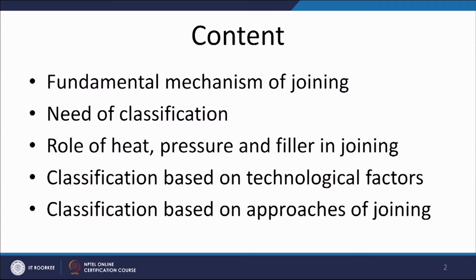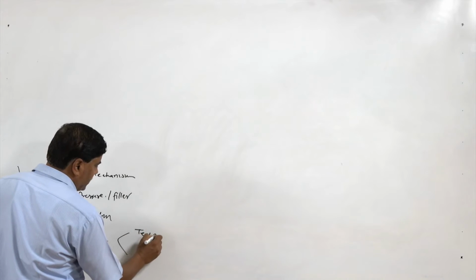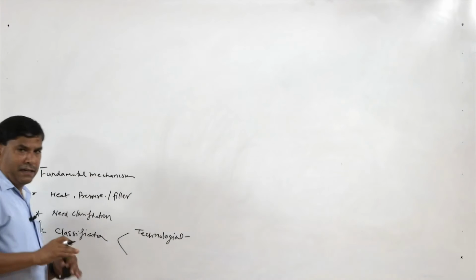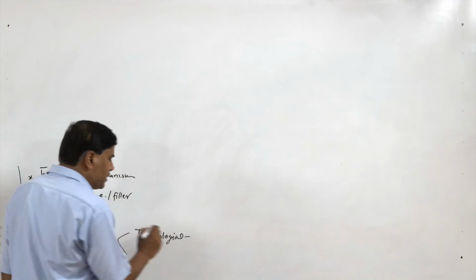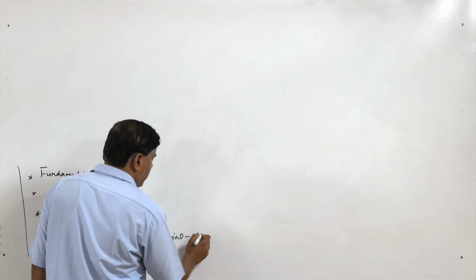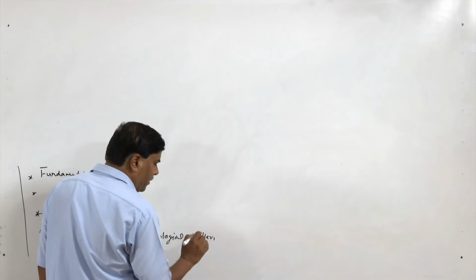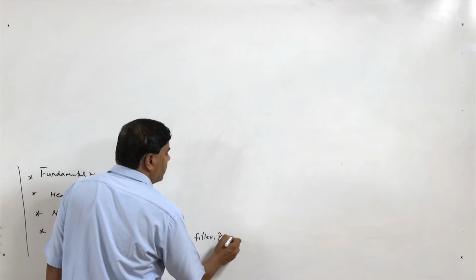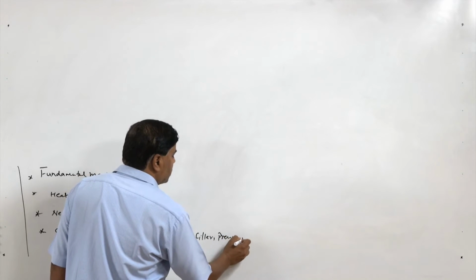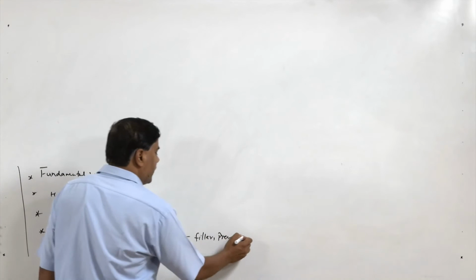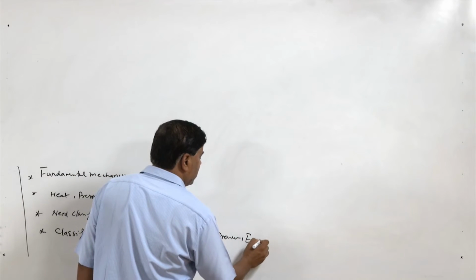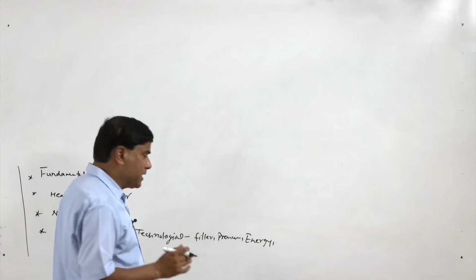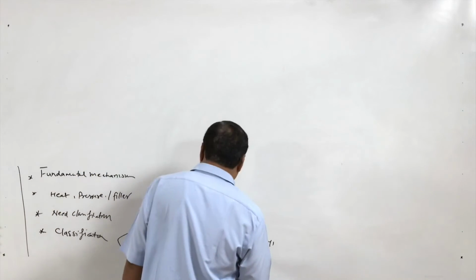One is the technological factors, which are basically those technical aspects which are used in the joining processes, like whether the filler is used or not, whether the pressure is used or not, the kind of energy, the source of the energy which is being used for the welding purpose.